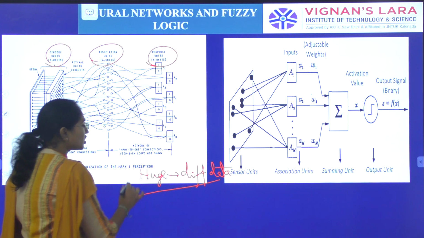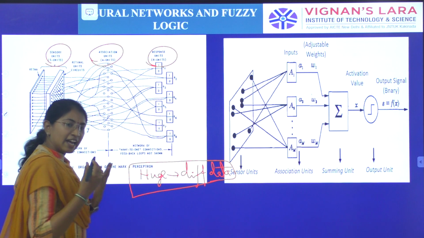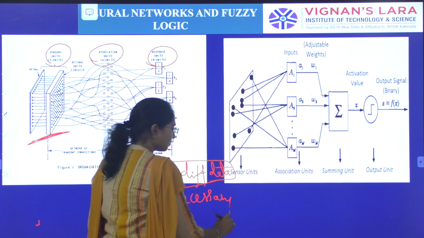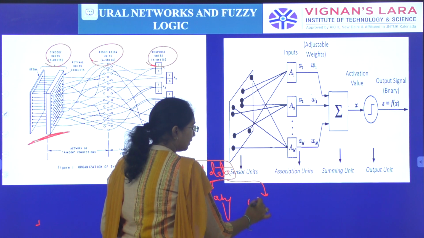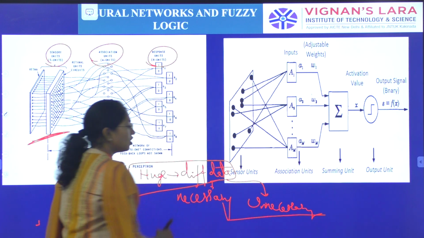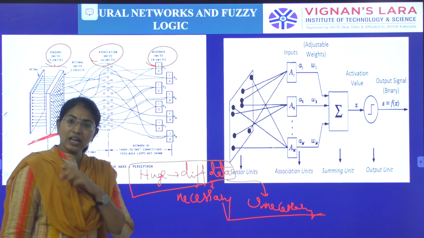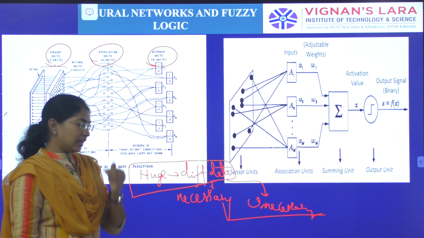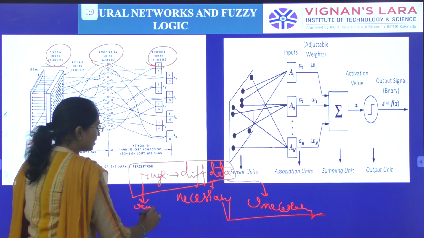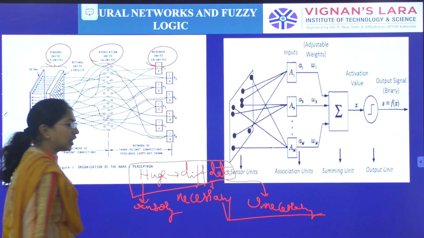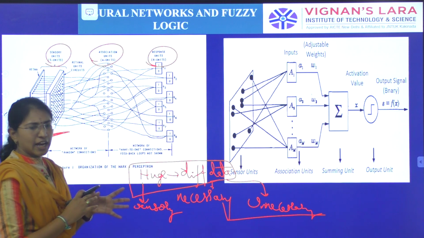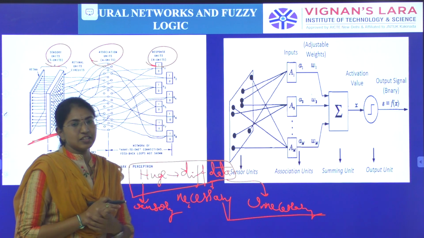Now, that huge amount of data may consist of necessary data, or it may contain unnecessary data. Within that sensory unit consisting of a huge amount of data, you have necessary data and unnecessary data.